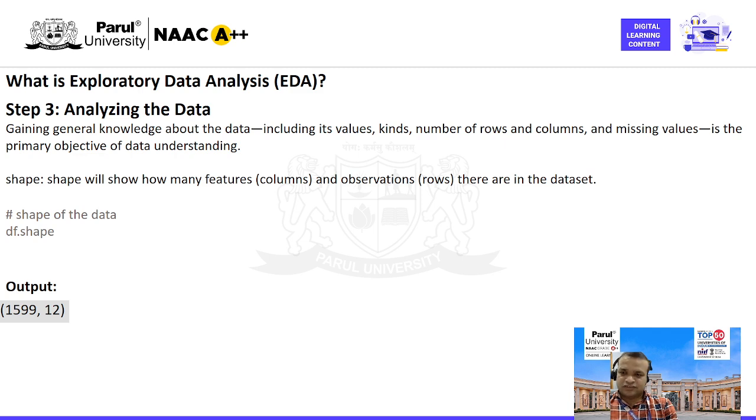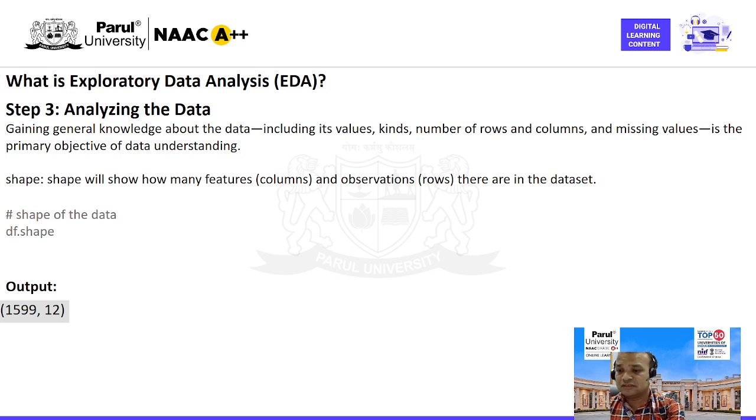Shape. What is actually shape here? Shape will show how many features, you can say columns, and how many observations, that means rows, there are in the data set. Columns represent the features and rows represent the observations.